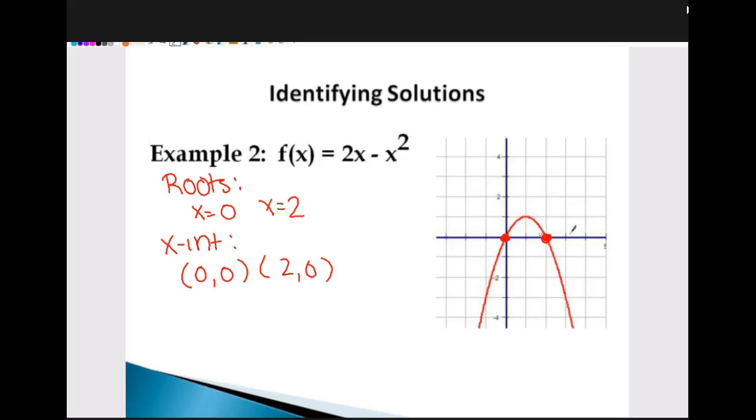This graph also has two solutions because it crosses the x-axis twice at 0 and 2. So my x-intercepts are (0, 0) and (2, 0).